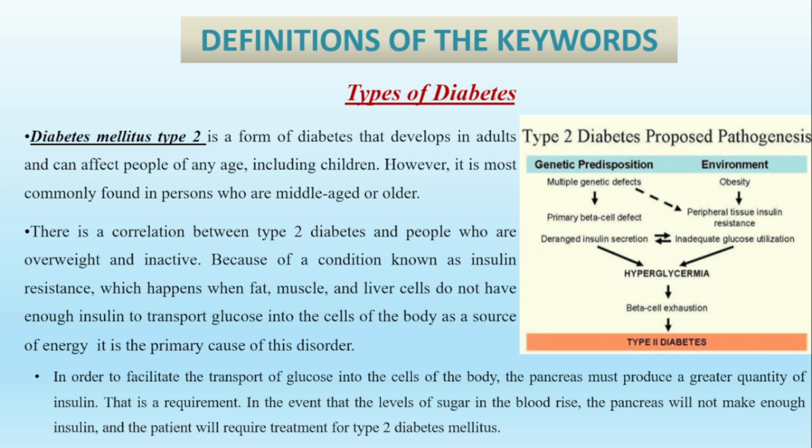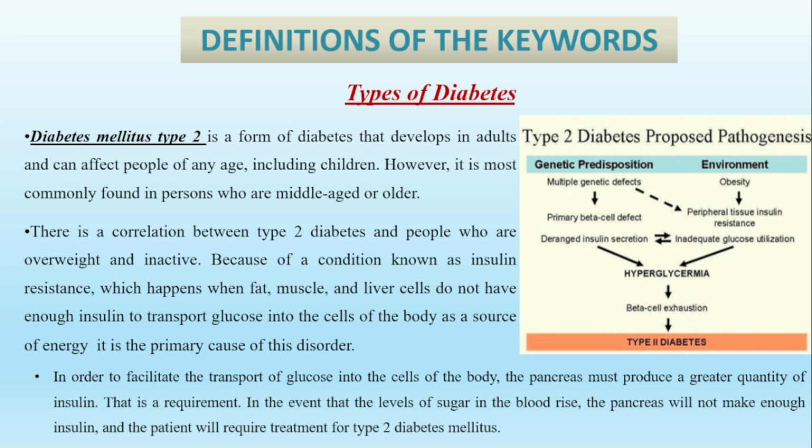There is a correlation between type 2 diabetes and people who are overweight and inactive, because of a condition known as insulin resistance, which happens when fat, muscle, and liver cells do not respond enough to insulin to transport glucose into the cells of the body as a source of energy. This is the primary cause of this disorder, because the work of insulin is to transport glucose into the cells of the body as a source of energy.